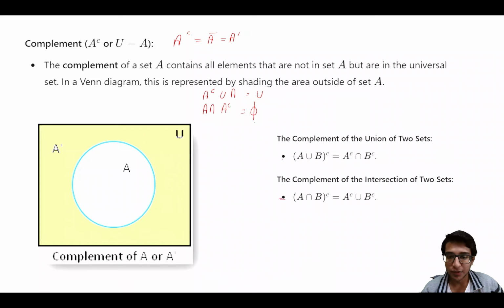So keep these two properties in mind as well. Now if I was to tell you, let's say you have universal complement, what is it going to be? Phi. And let's say if you have phi complement, what is it going to be? Universal. So this is how generally complements are represented.